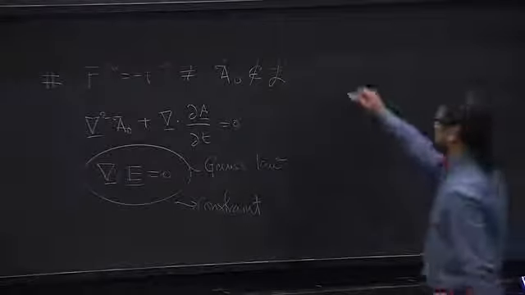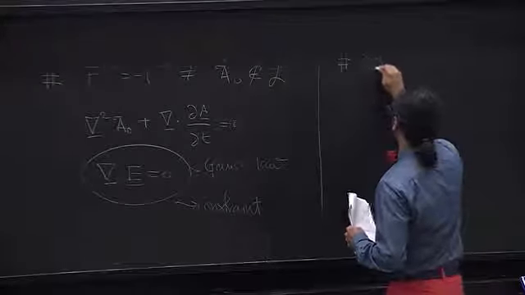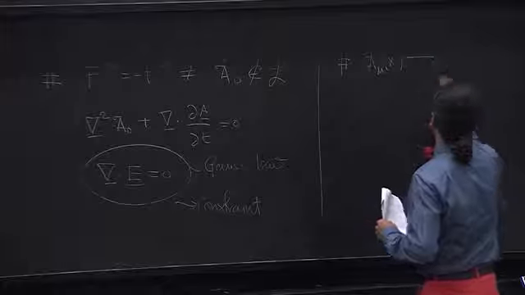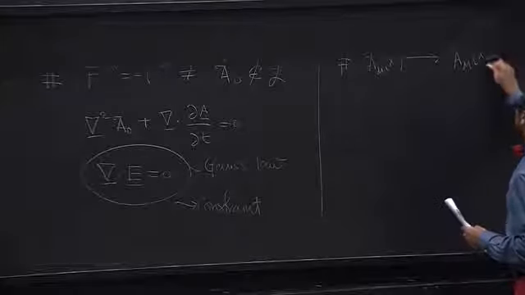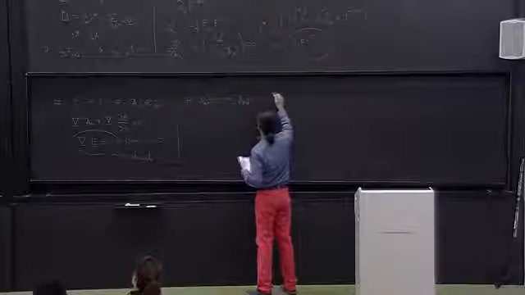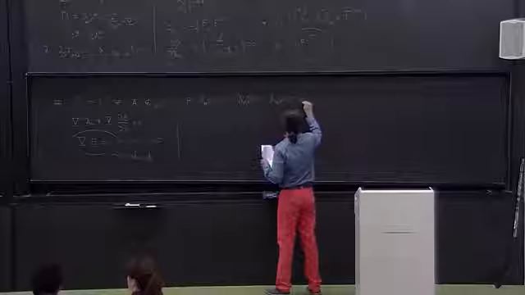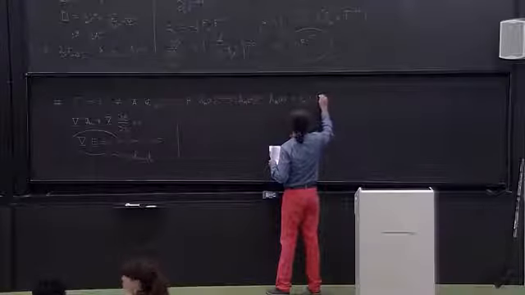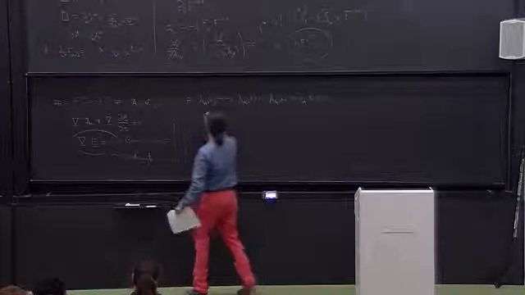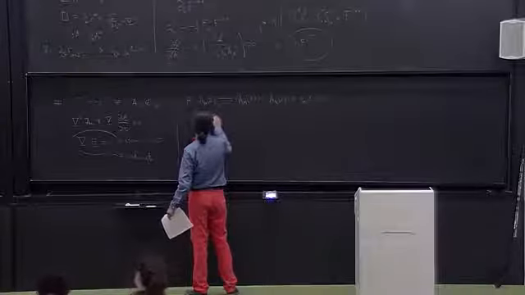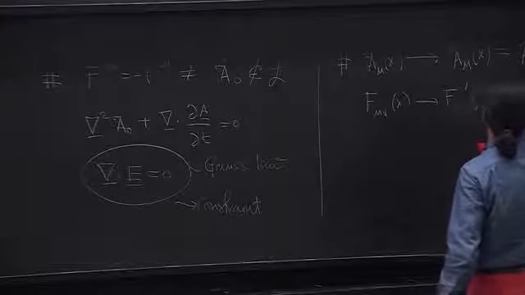The other thing, although I mentioned this before, but this needs to be repeated. If I make a transformation of my gauge field, of my vector potential field, so I replace A mu of x by another A prime mu of x, where it's related to the original A mu by a gradient of some scalar function, chi is some scalar function, and this is a four-dimensional gradient, then see that F mu nu doesn't change.